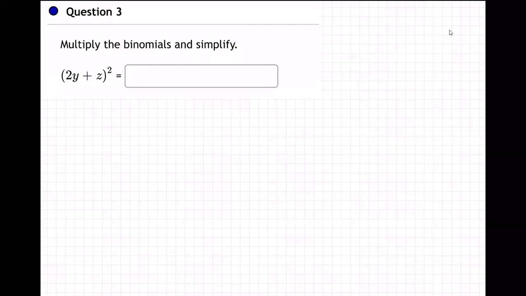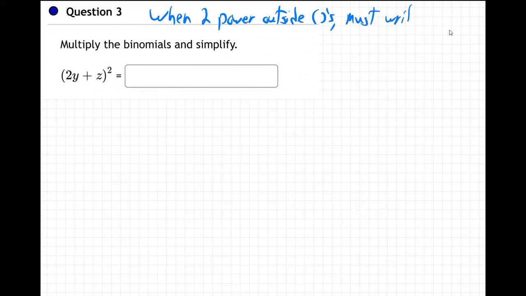Okay, and this one, we are supposed to multiply and simplify. We get the parentheses. So again, let me mention, when there's a 2 power outside parentheses, we must write 2 parentheses.